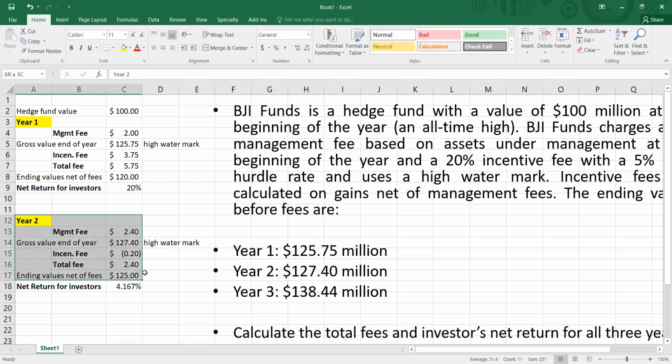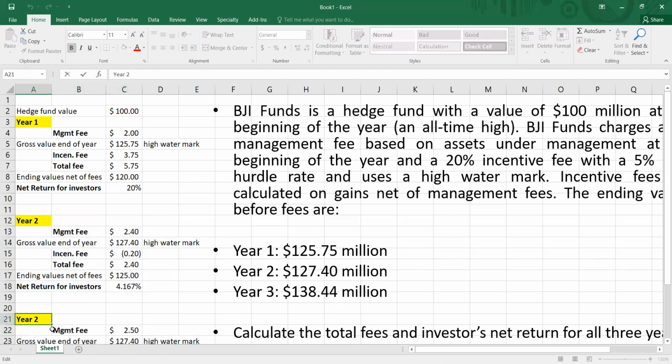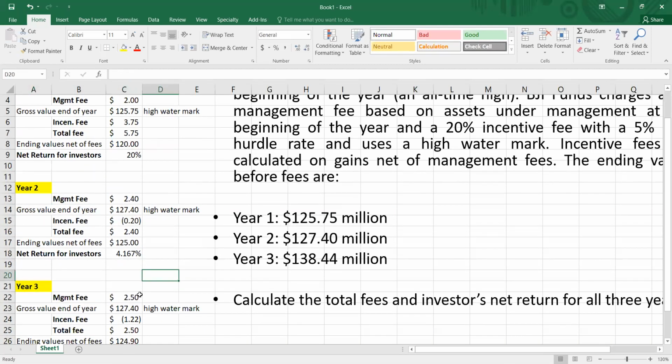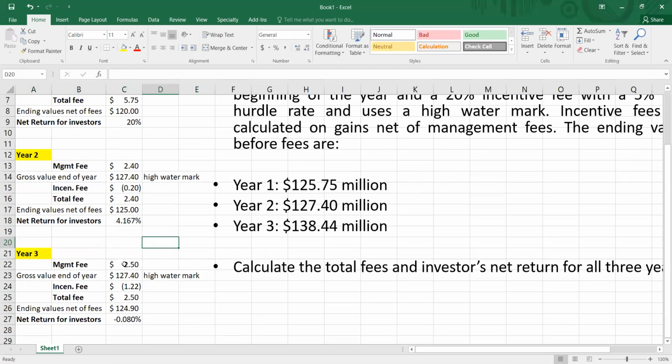So I'm moving to the third year. Do you have any questions? Okay. In the third year, the management fee will be based on the ending value of the net of fees, which is 125. Okay, it's automatically got it.